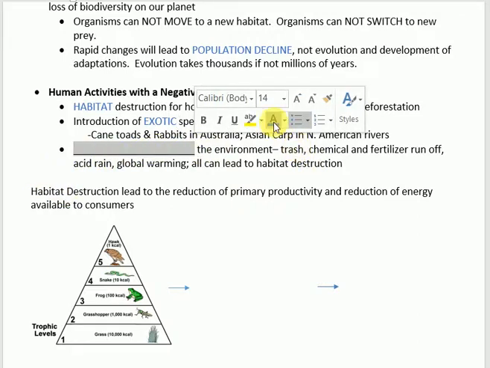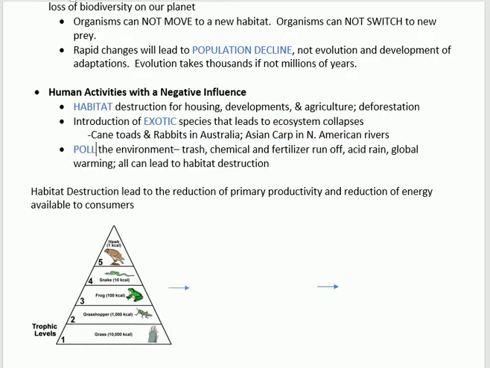And then, of course, we have polluting the environment, pollution. So basically all the trash that you see on the side of the road, the chemicals, the fertilizer runoff, all of that, global warming, it's also going to lead to habitat destruction.